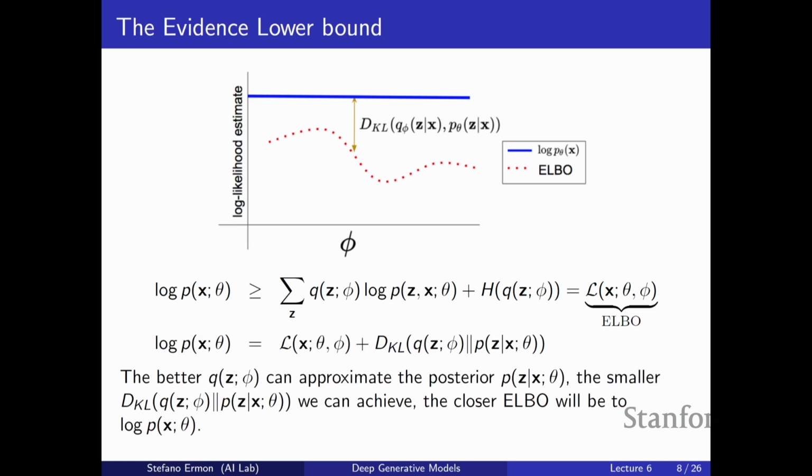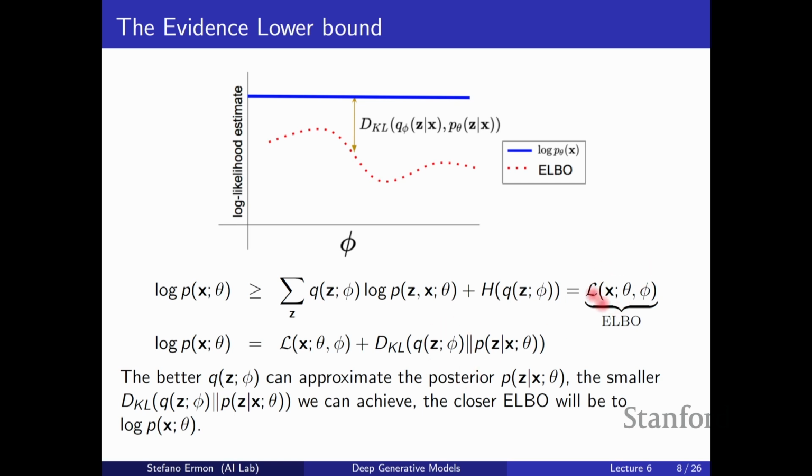And we know that the gap between the ELBO and the true marginal likelihood is given by this KL divergence. So the better we can approximate the true conditional distribution of z given x, the tighter the bound becomes. So that's basically going to be the objective, back to your question.